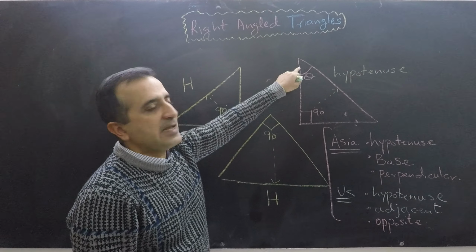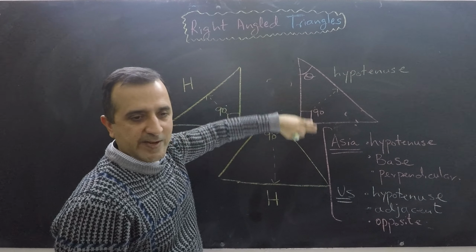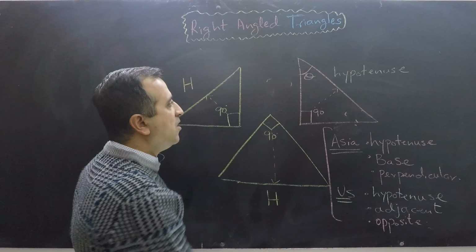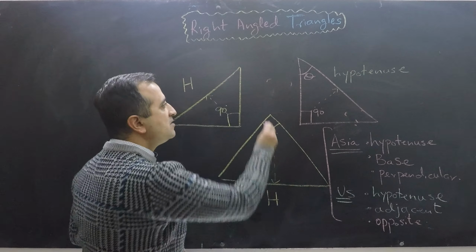And now if we are standing here, then this side will become our base, or this side will be the adjacent side. So in one terminology this is the base, in one terminology this is adjacent. And because we are standing here, this side will be perpendicular, or this side will be the opposite side.